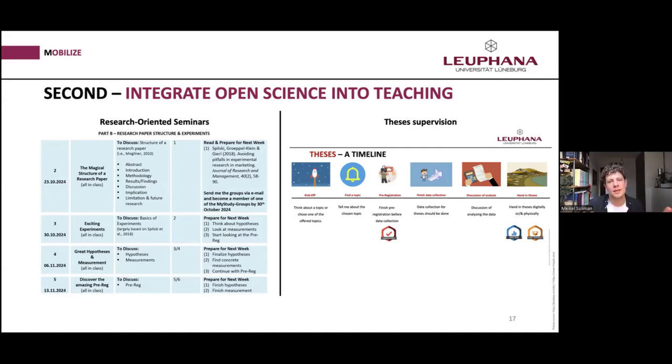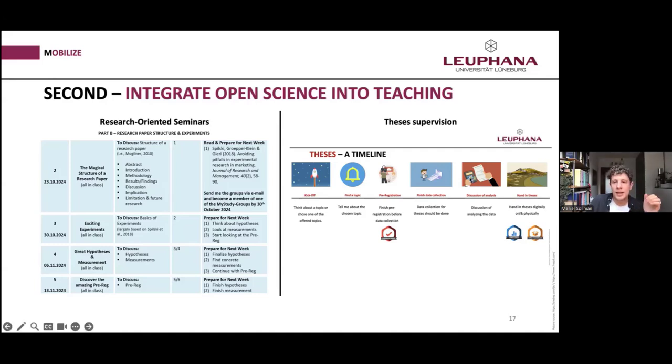So before they collect the data, each session that we meet or each appointment that we have is designated to a few blocks in the pre-registration, so they actually get guidance on how to fill it in, but also think everything through before they collect the data. And one day or one evening at least before they start with the data collection, they have to hand in the pre-registration with me, and then they are free to collect the data the way that we decided in the pre-registration that they will do.